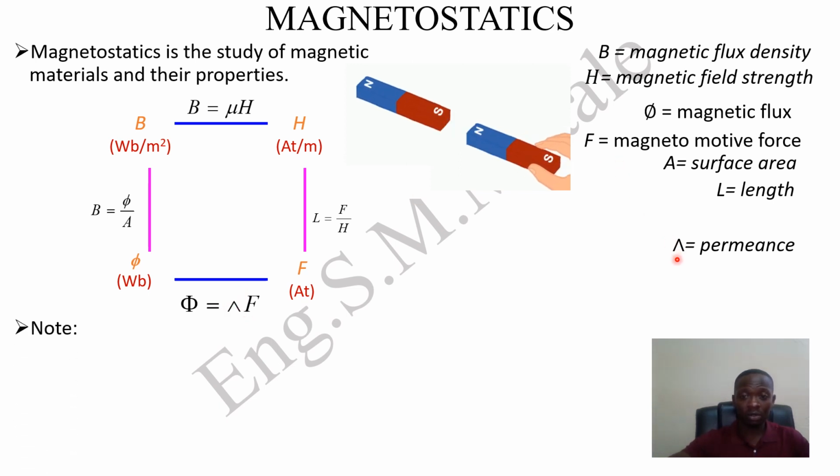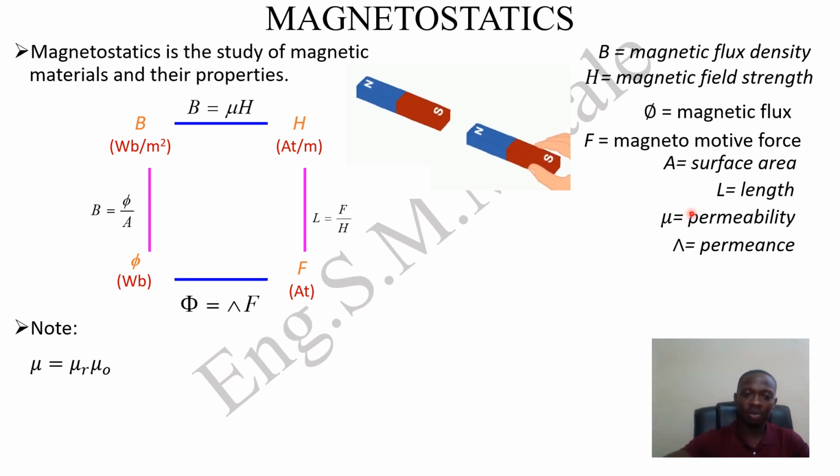But you need to note the following. This permeability is basically a product of the relative permeability times the absolute permeability. The relative permeability will be changing from time to time. It depends on the media you are in, but the absolute permeability is actually a constant.